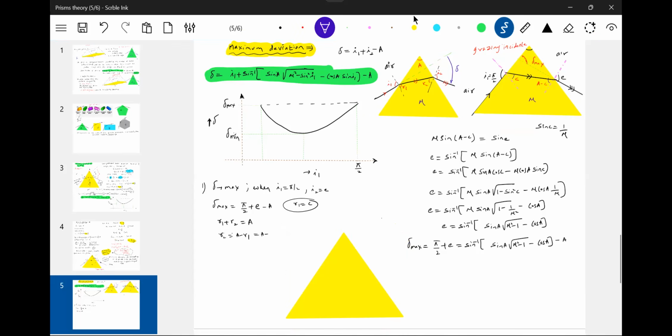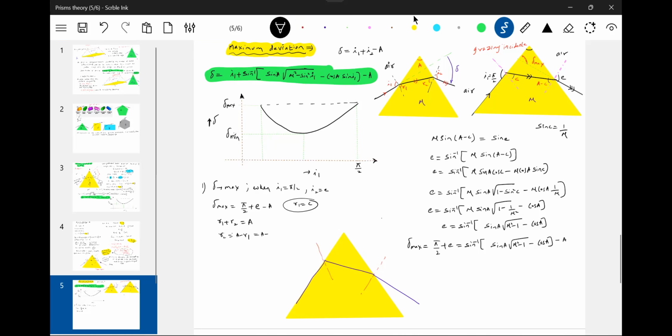If the incident ray, so after refraction, I should not show parallelities. Then it grazes like this.